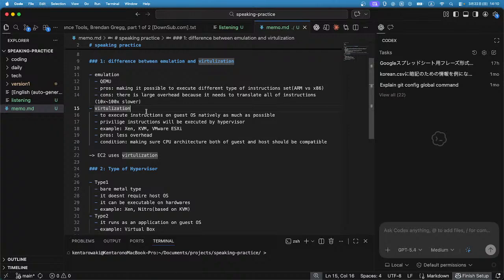And so there is some demand to execute different types of instruction set.